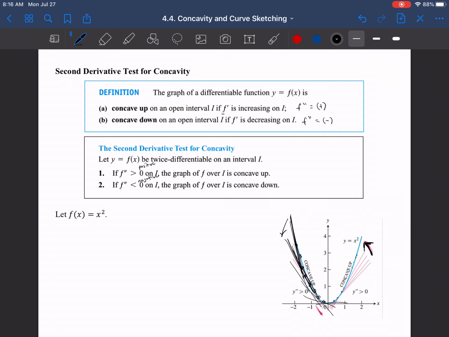That's a counterclockwise rotation, and then this one, all counterclockwise rotations. Even after we pass this point and continue on up here, they're all counterclockwise rotations as we move through it. And so that makes it concave up on both sides, like a bowl, and there you have it.